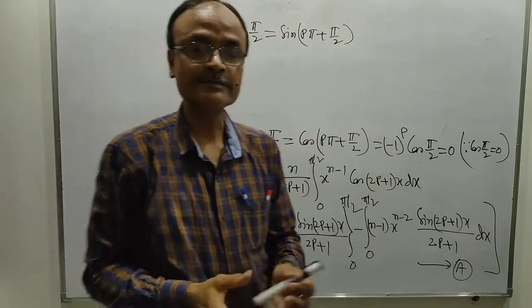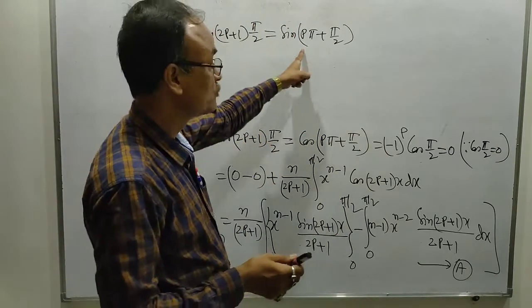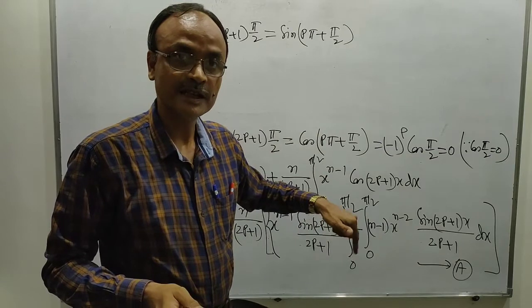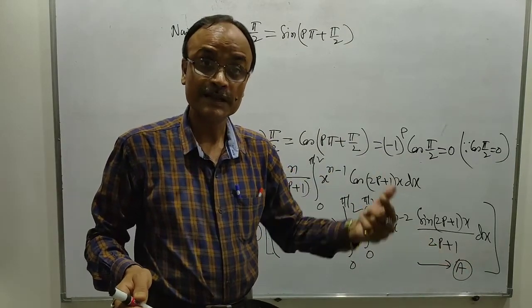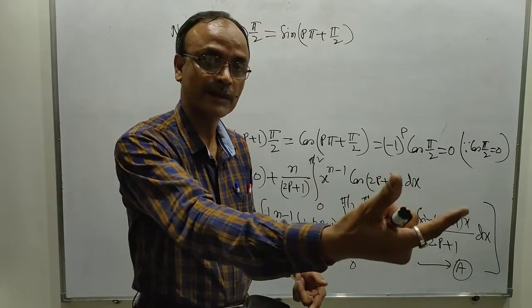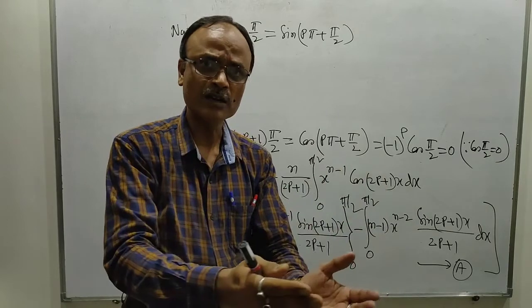If p equal to 1, then it will be in the third quadrant, it will be minus sine pi by 2. If it is 2, then it will be in the first quadrant, it will be minus 1 whole square sine pi by 2.